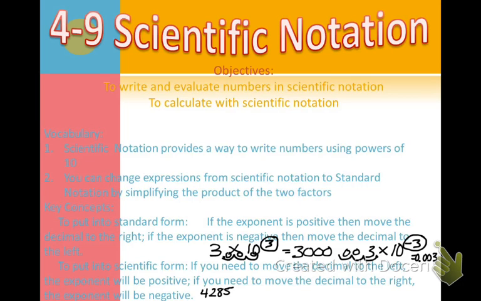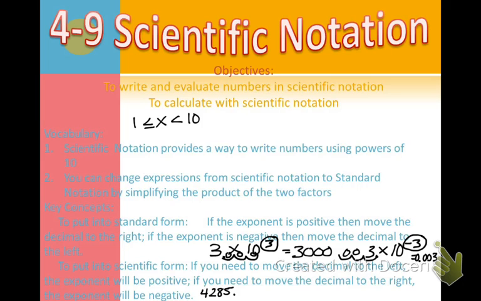After the 5. Scientific notation needs the number to be between 1, can be 1, and 10. It has to be between 1 and 10. So it can't be 10.